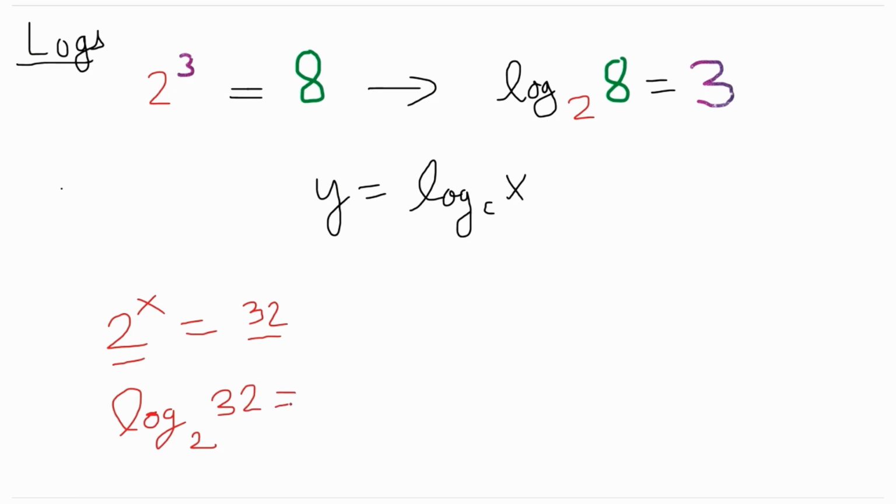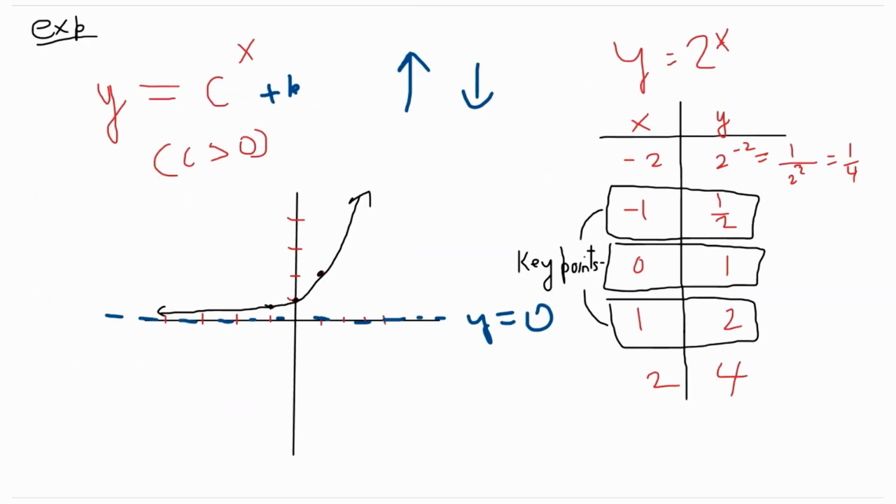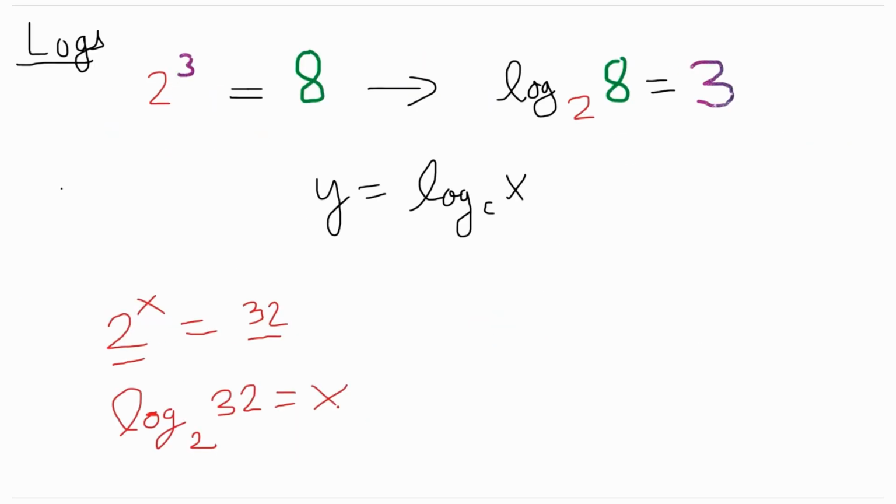That's called the argument. The argument cannot be negative, okay? Because remember, in our exponent graph, the base couldn't be negative, so any answer we got couldn't be negative either. Equals x. So all this is saying is 2 to the what power is 32.